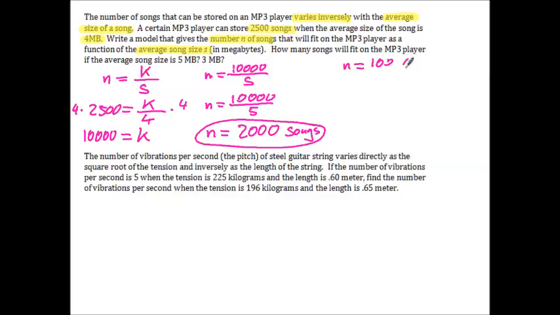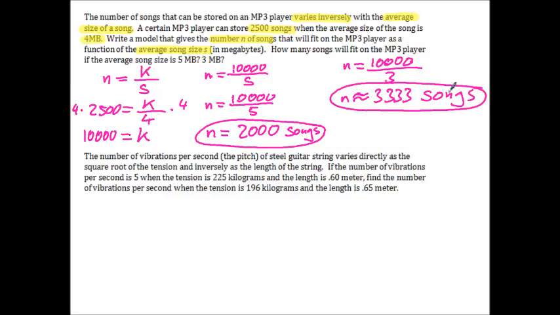Then it's going to be 10,000 divided by 3. Now 10,000 cannot be divided by 3 without a remainder, so we're going to say n is approximately 3,333 songs. And that's our answer.